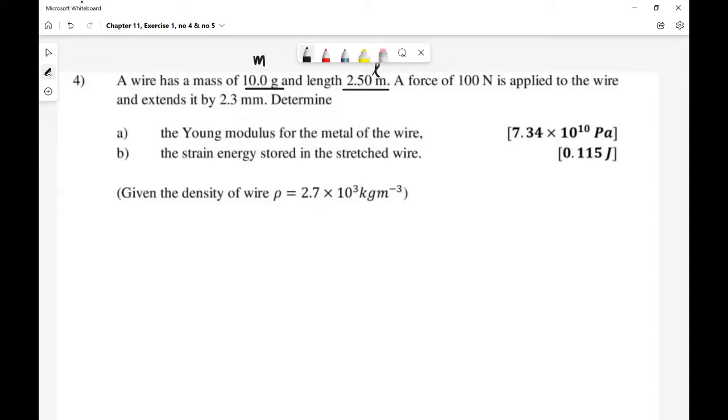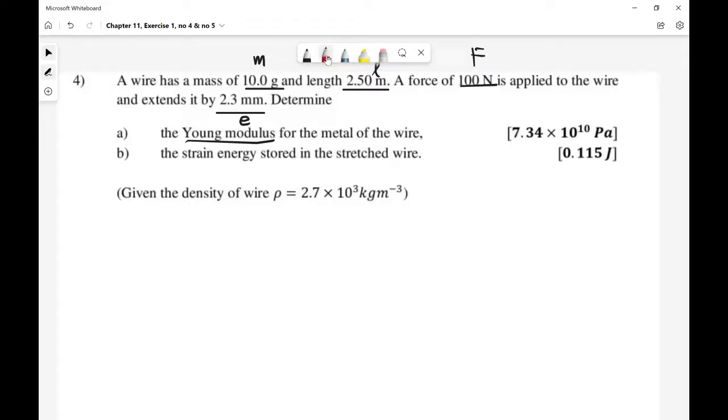A force of 100 Newton, this is F, is applied to the wire and it extends by 2.3 millimeter. So this is the elongation E. Determine the Young modulus for the metal of the wire.